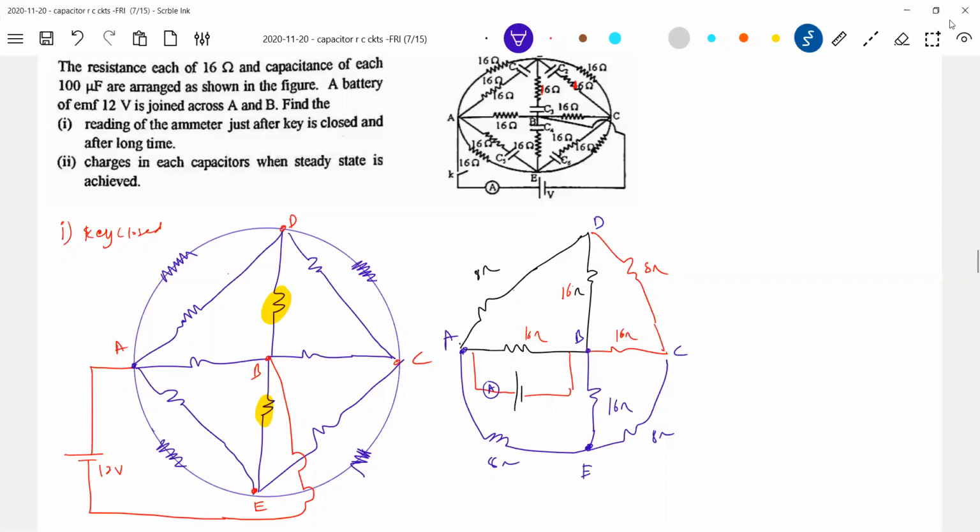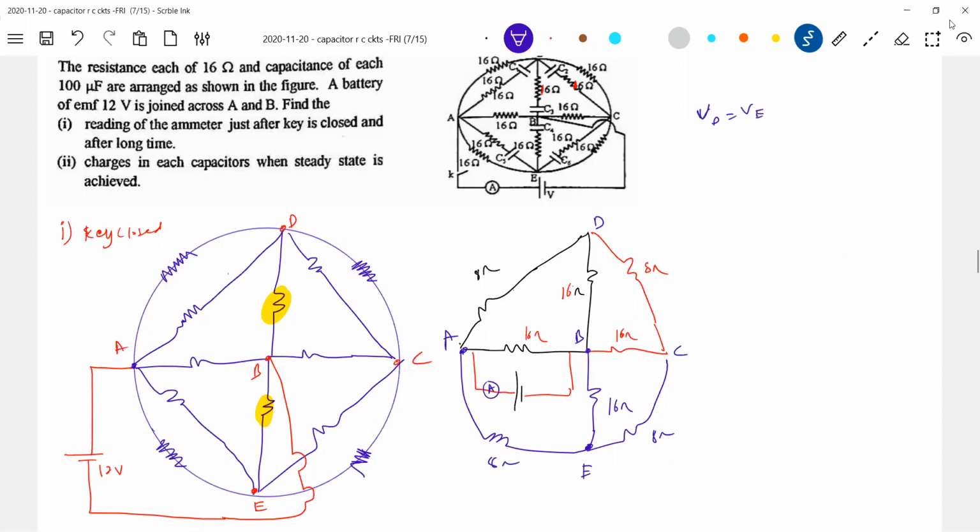D and E are at same potential. Will I agree? D and E are at same potential. Shall I write directly? VD equal to VE.